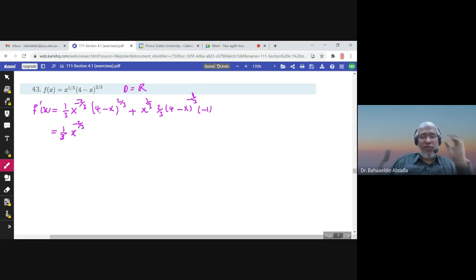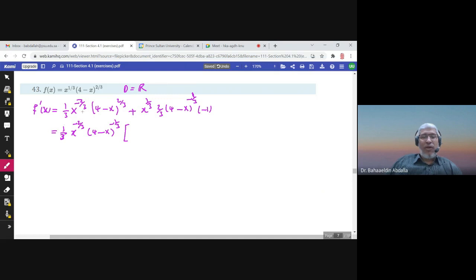And I have this 4 minus x to the power 2 over 3, negative 1 over 3. The smallest power is negative 1 over 3. So you take it as a common factor. And then we open parentheses and start dividing the first term of f prime by this common factor.